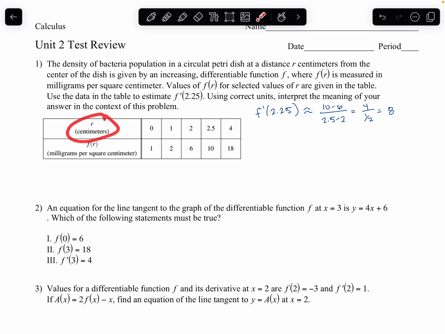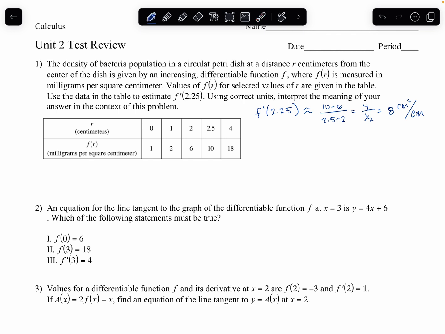If I divide that by centimeters, I get milligrams per centimeter squared per centimeter, and you can leave your answer just like that. I know it's kind of weird, and you might think, well, I'm just going to do centimeter squared divided by centimeter, which is centimeter, which I wouldn't really do. I would just leave it like this. So we're saying 8 per square centimeter for every centimeter. That's the approximated rate of change.